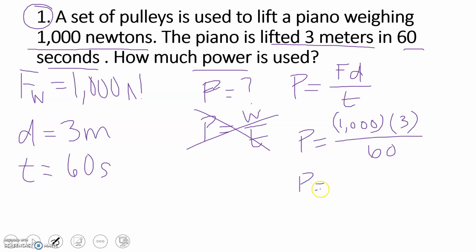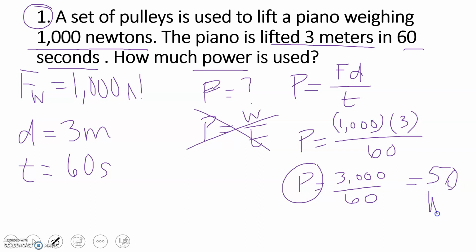So we're going to need to simplify. We have 1,000 times 3, so that's 3,000 divided by 60. And 3,000 divided by 60 is 50. And remember, we were calculating power. So our units for power is going to be watts.